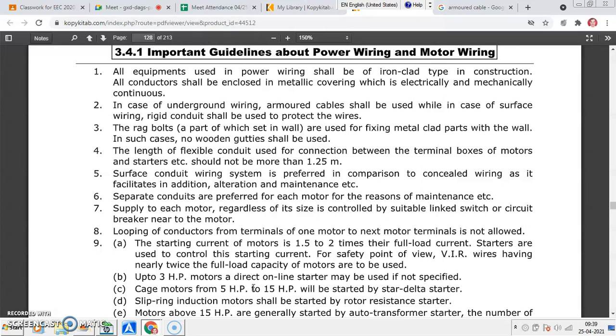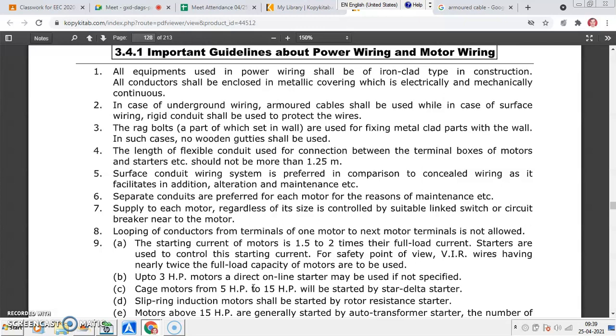So looping of conductors from the terminals of one motor to another motor. Suppose you are looping, similar to residential wiring, in which we loop from one tube light to another tube light, next tube light to third tube light. These are the loopings we are doing, maybe through junction box, maybe through switches or whatever. So here also we loop for reduction in the length of wire or cable.